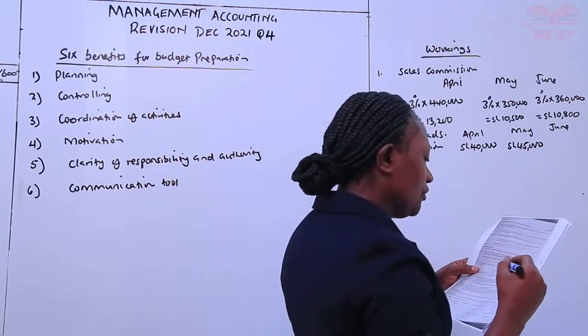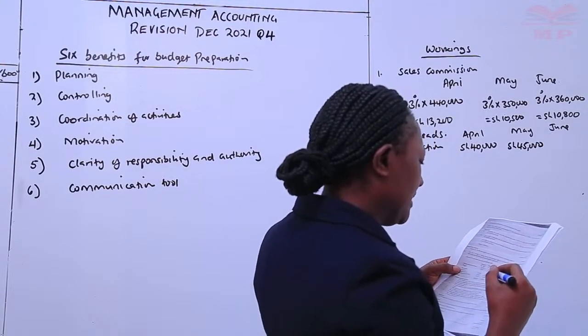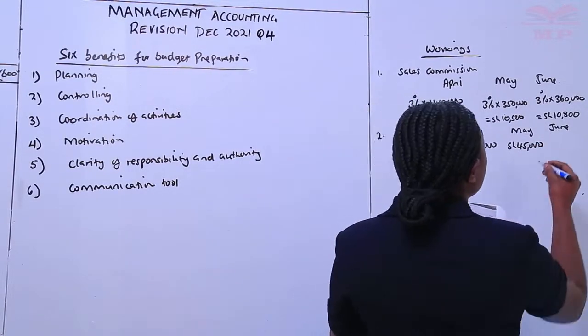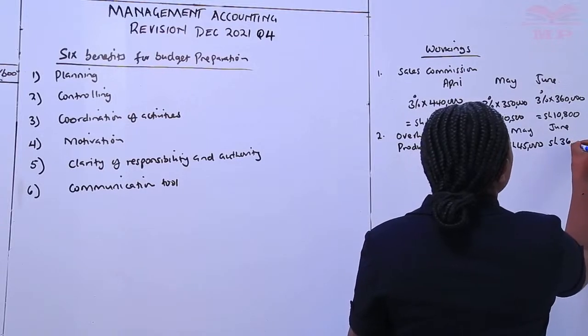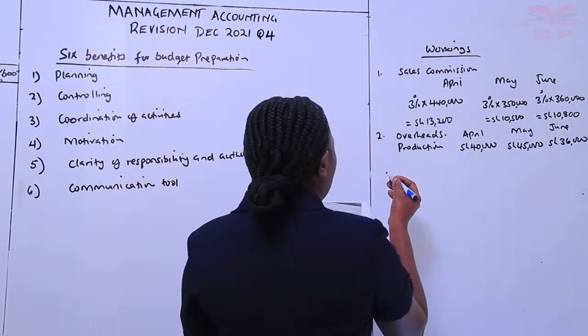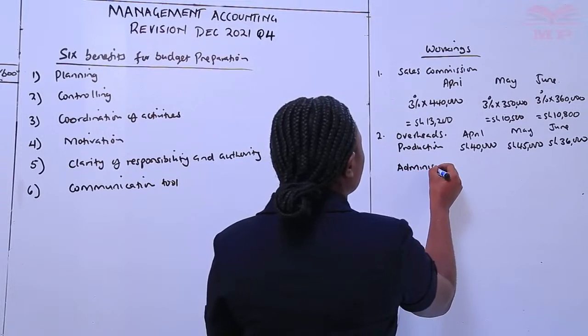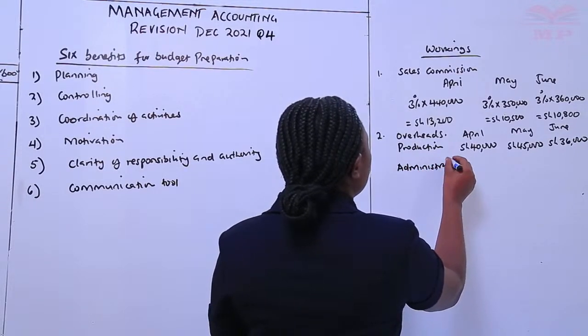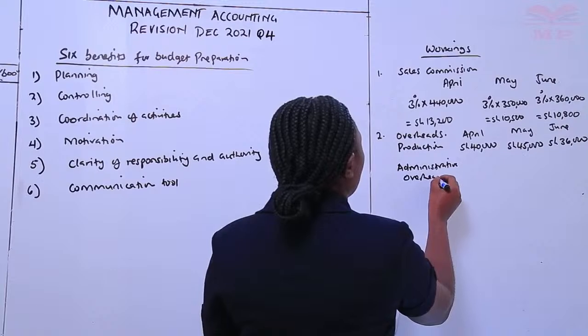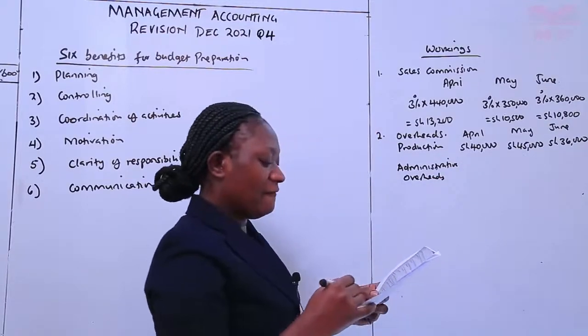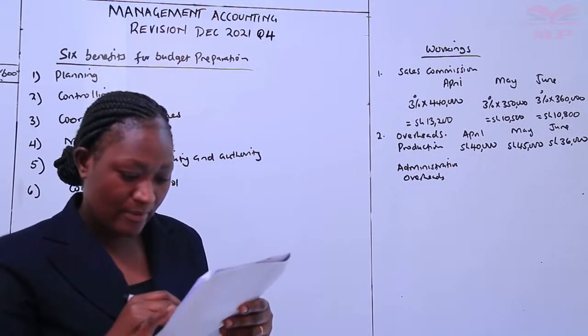And then in June, those that were to be made in May are the ones that will be made in June, and that is 36,000. And then we also have administrative overheads. We have another 1 month lag.